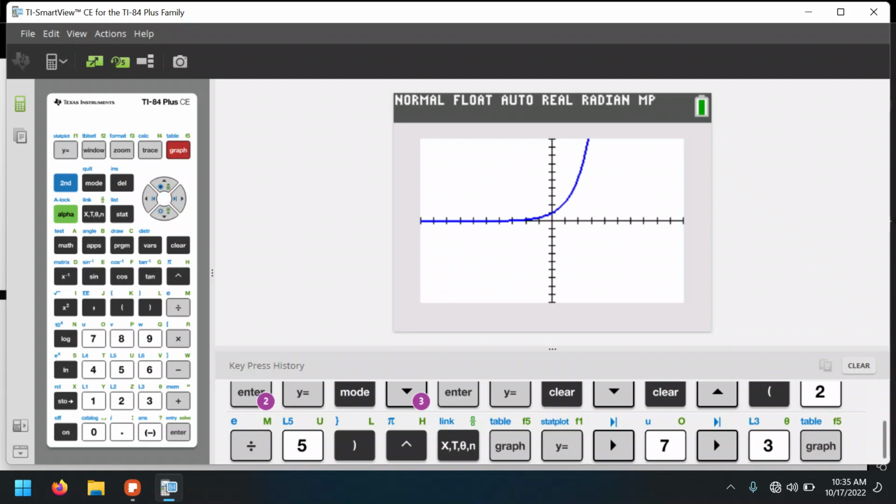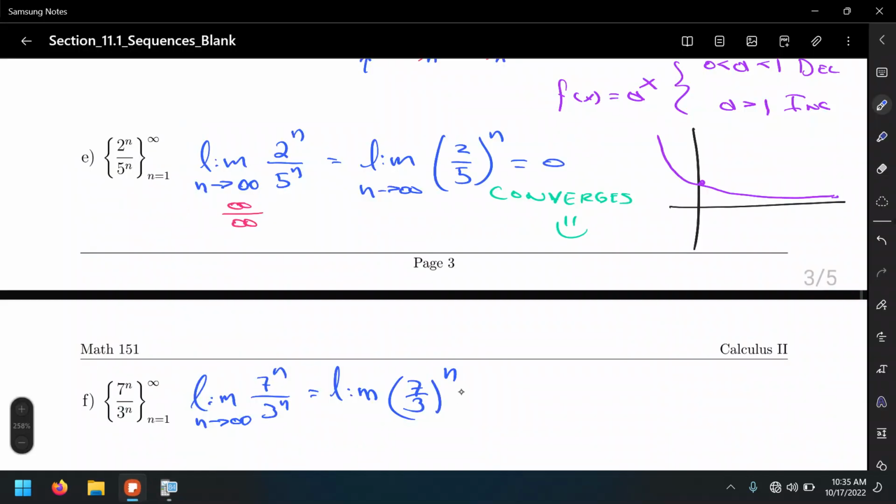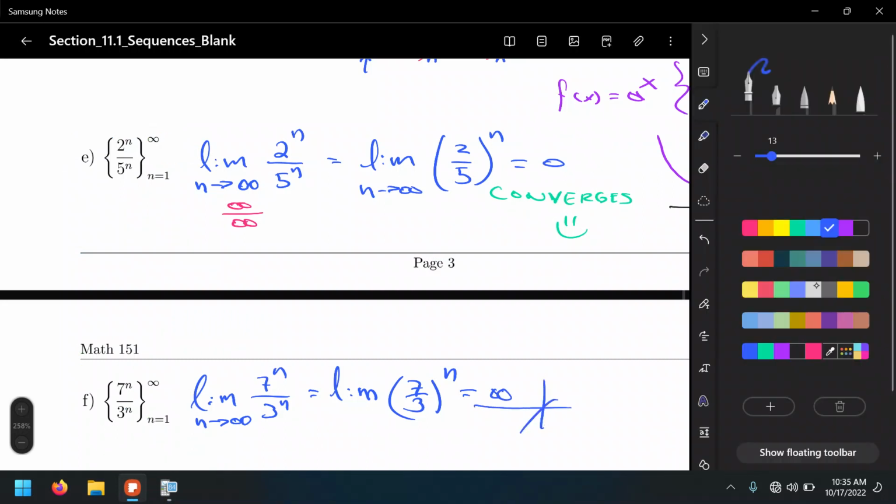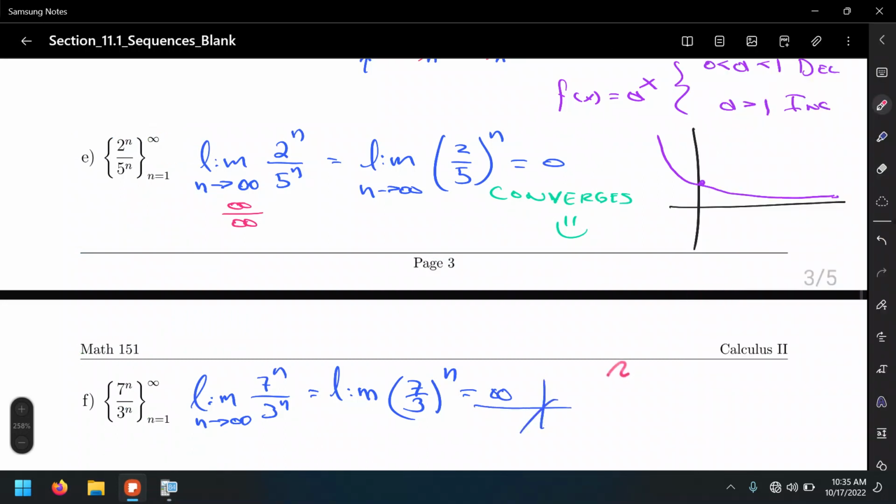See how this time we have an increasing function, an increasing exponential function? Well, that means that for larger values of x, or n in this case, that's just going to blow up to infinity. And in this case, it diverges.